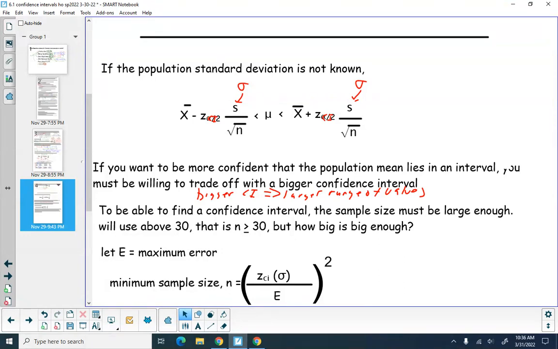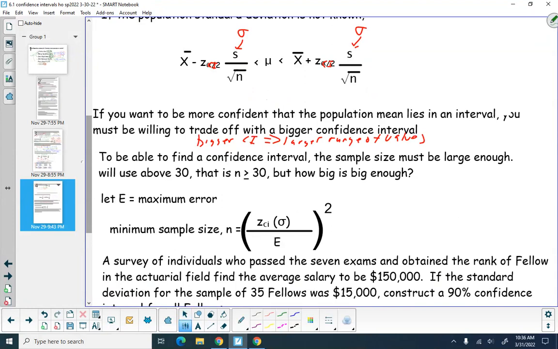As statisticians, sometimes they'll sit there and go, we can live with a specific error. Well, to get this specific error, what does our sample size have to be? If I'm okay to live with this amount of error, what does my sample size have to be? So they backtrack it basically. You have this error is equal to z for the confidence interval, standard deviation, square root of n.